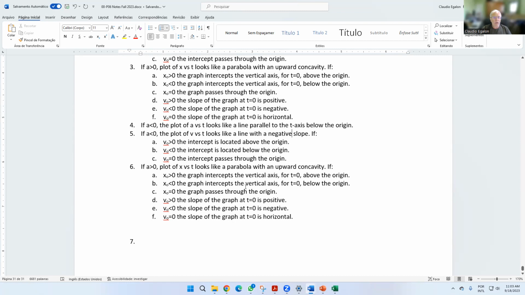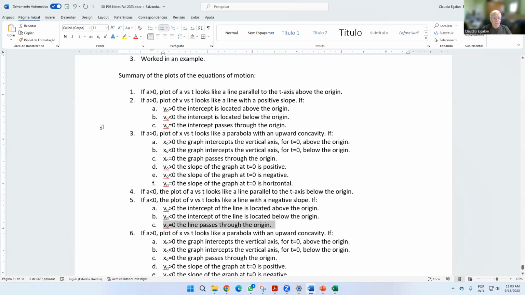We have to worry about v naught. If v naught is greater than 0, the intercept of the line is located above the origin. If less than 0, the intercept of the line is located below the origin. If equal to 0, the line passes through the origin.